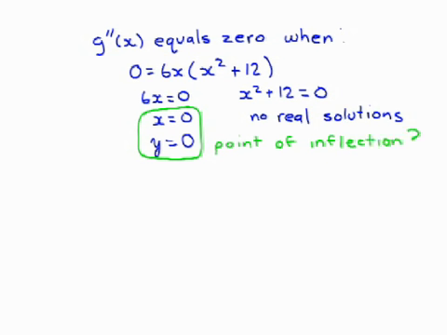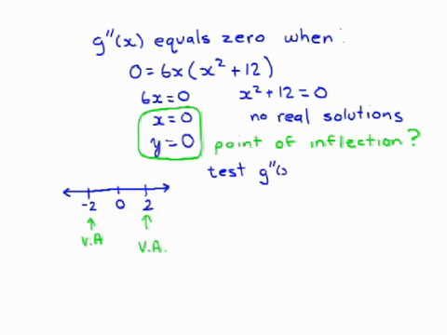So what we do is we put down our number line, and in this case, we now have to not only include the x value of 0, our potential point of inflection, but if you remember, we identified our vertical asymptotes at the first part of the question. So we must also consider those values and place them on the number line, because as we previously mentioned, concavity can change across those vertical asymptotes.